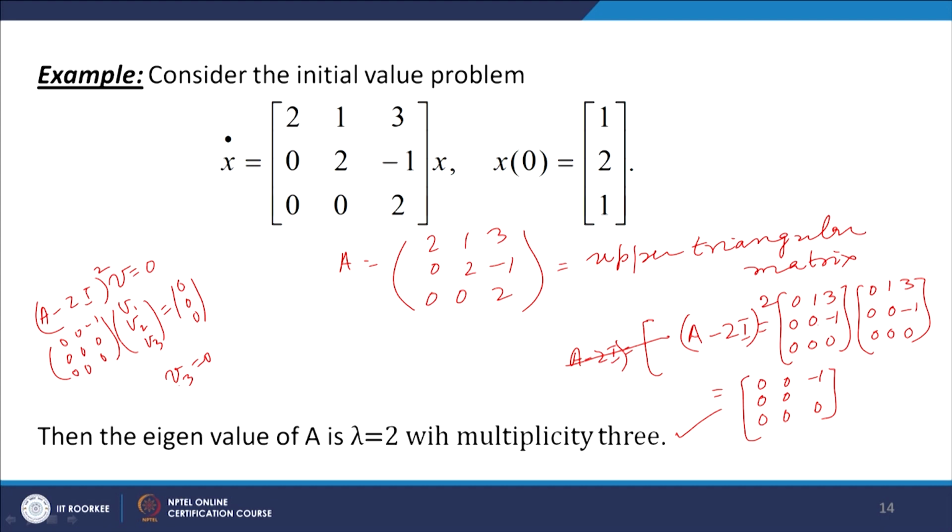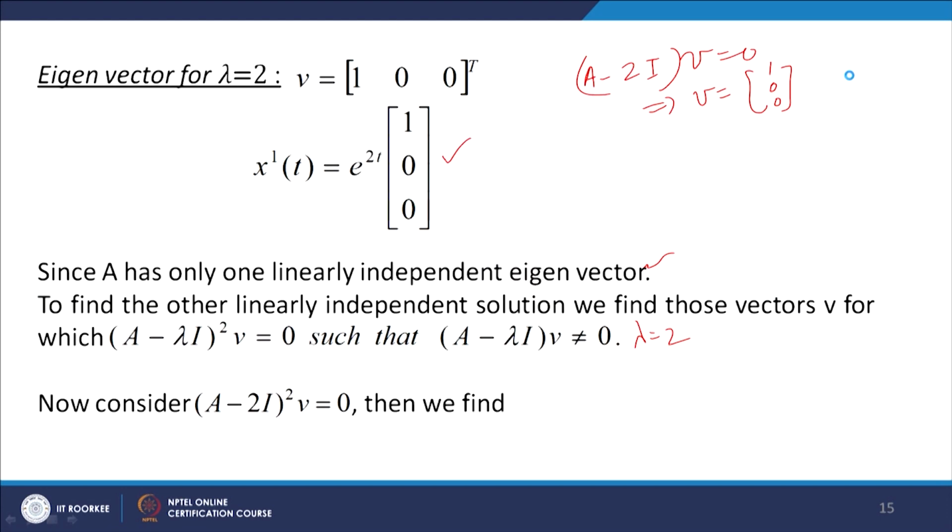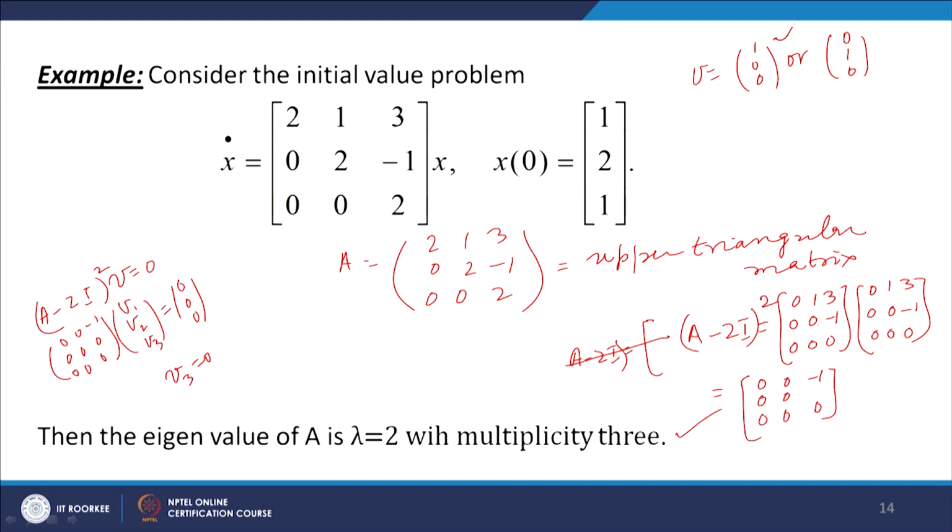So, B1 and B2 being arbitrary means we can take B as 1 0 0, or we can take B as 0 1 0. Now, corresponding to lambda equal to 2, the one solution that we have got is 1 0 0. If you choose 1 0 0 here, then (A minus 2I) B will be equal to 0, because we have already seen that.